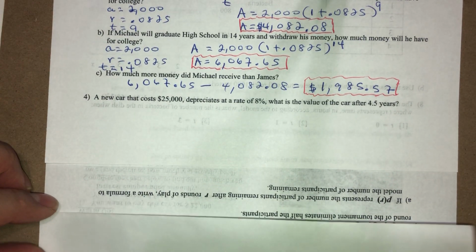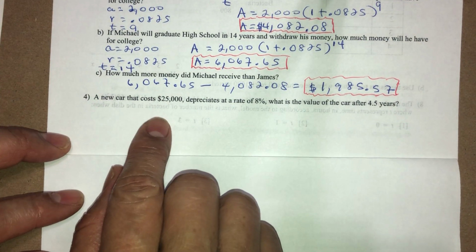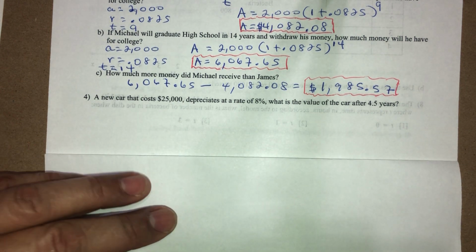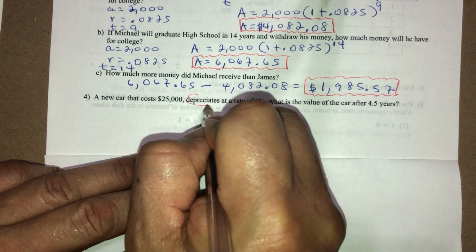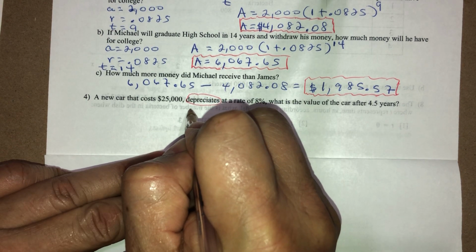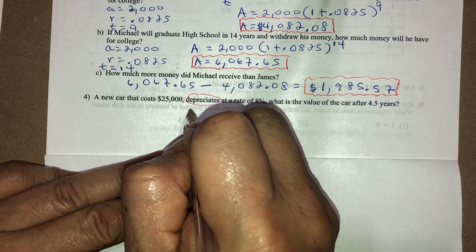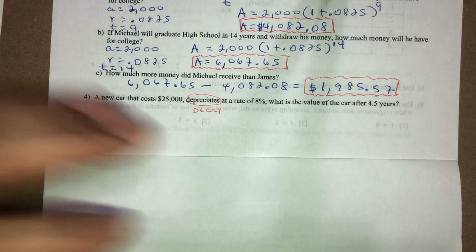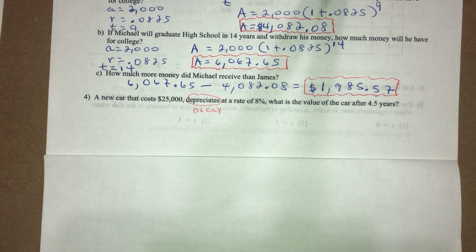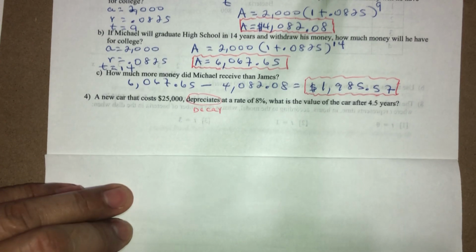Number 4, it says, a new car that costs $25,000 depreciates. So depreciates means decay, it loses value, okay? So it's going to go down at a rate of 8%.